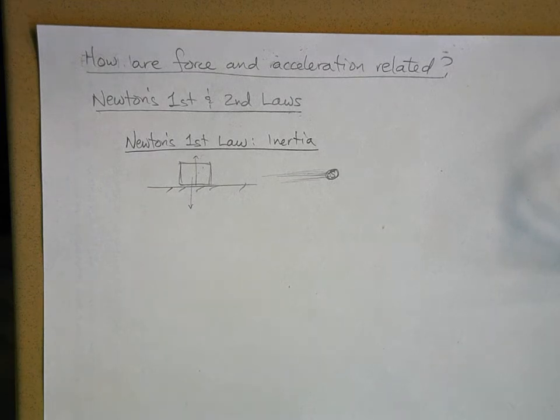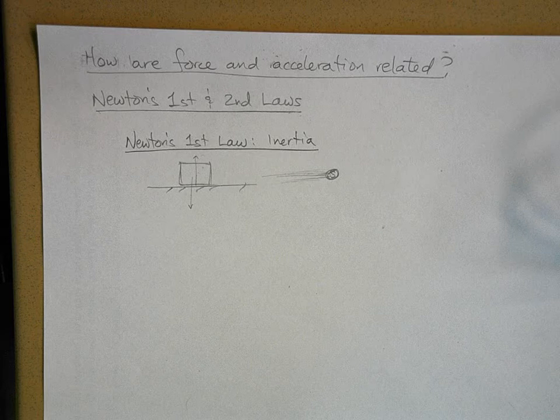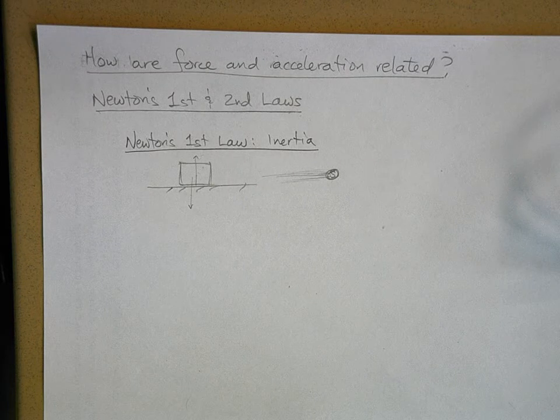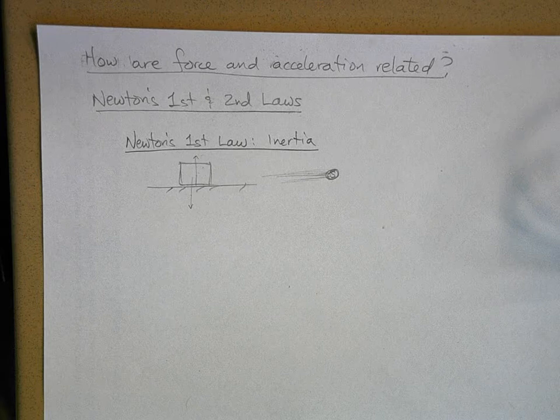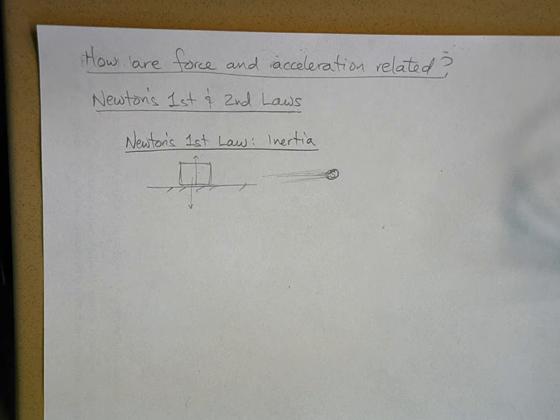But if you can use your imagination, imagine you're way out in space and you throw this ball. There's nothing for it to hit. There's nothing that's going to change the direction of its motion. It's just going to keep going and going and going forever. There's nothing to change its motion.